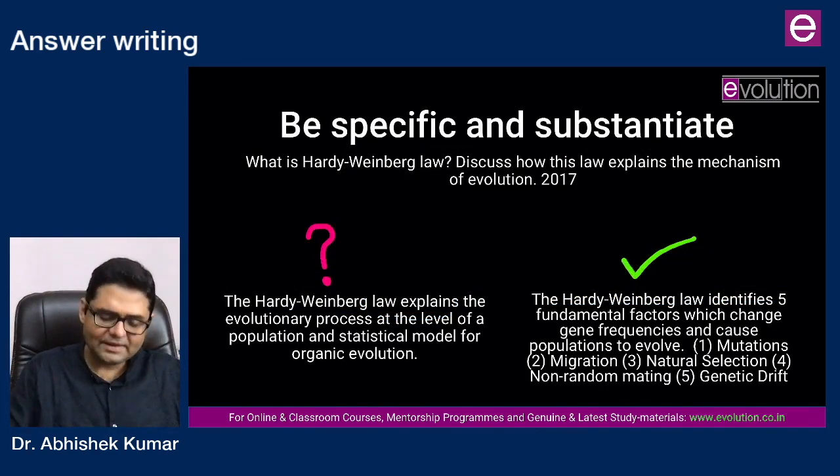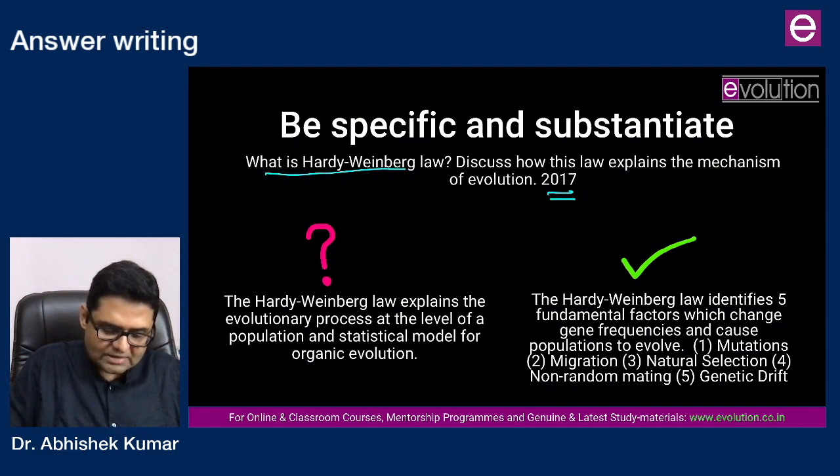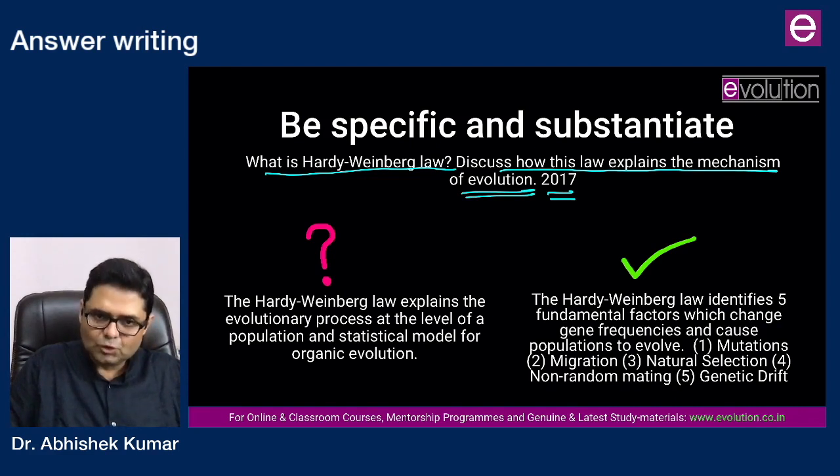The next one is being specific and being able to substantiate. Whatever you write, you have to write specifically. So I'm going back to the same question which I had discussed in the beginning part of the discussion. What is the Hardy-Weinberg law? Discuss how this law explains the mechanism of evolution. Two ways.